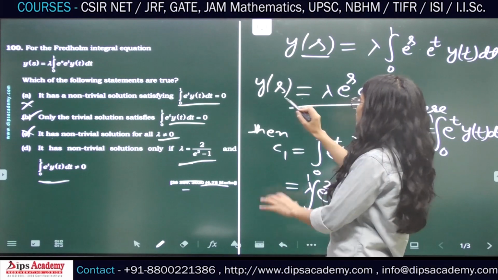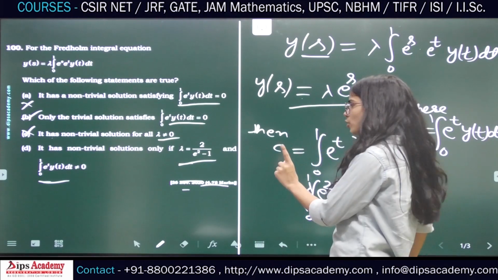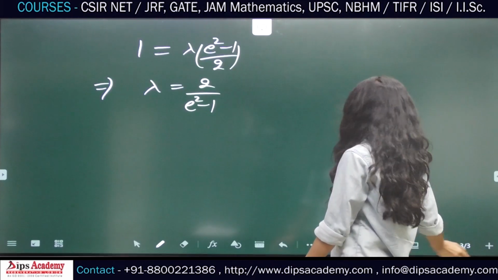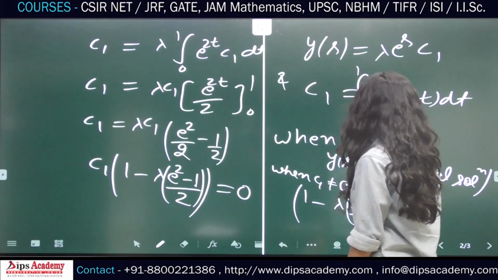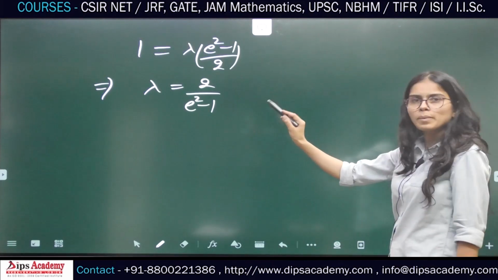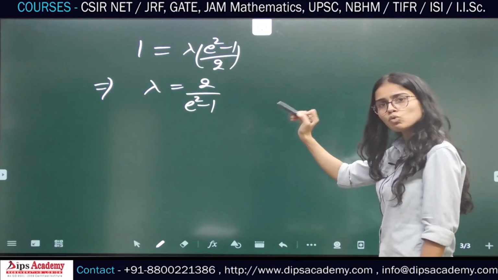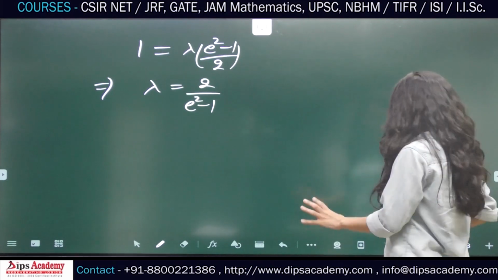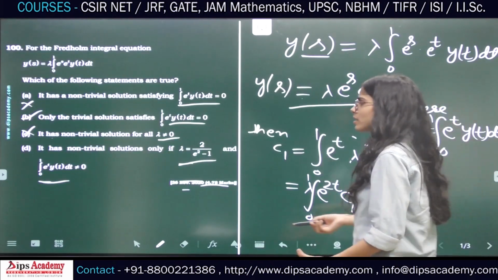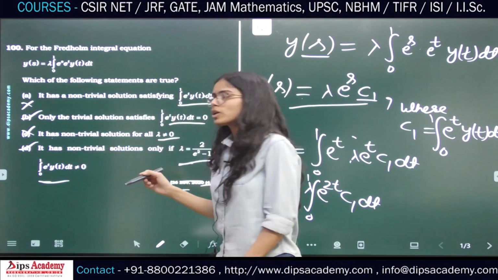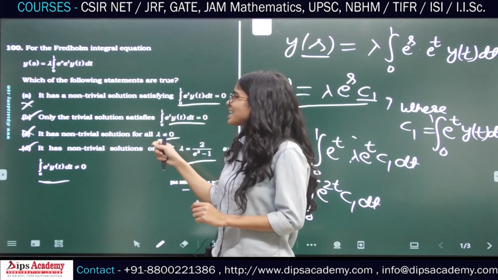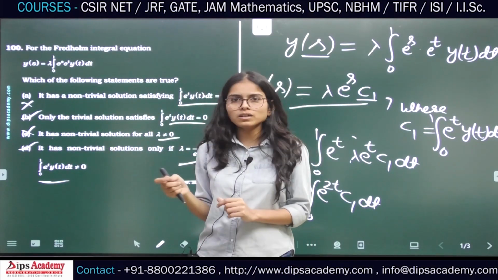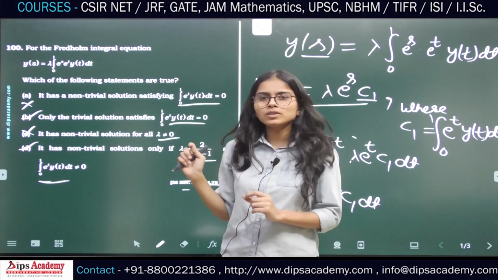In that case, option D is true. So in that question, B and D were the right answers, and A and C were the wrong ones.